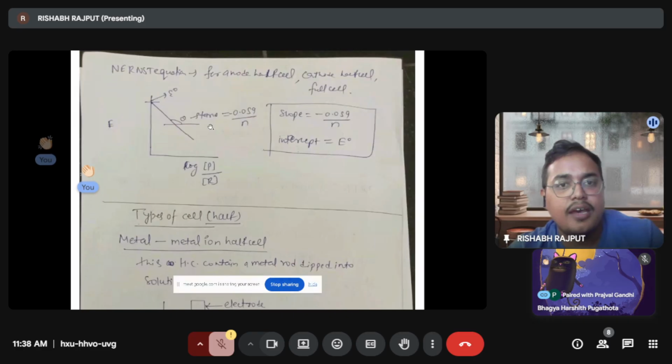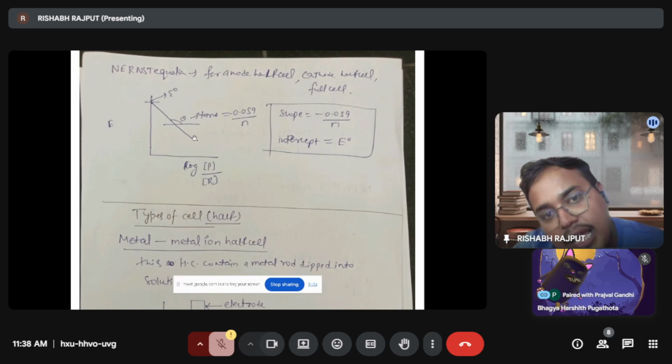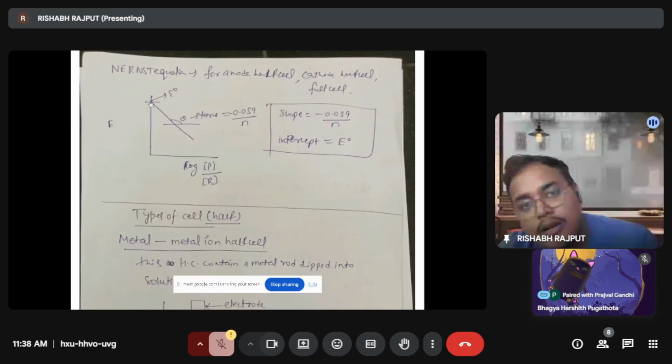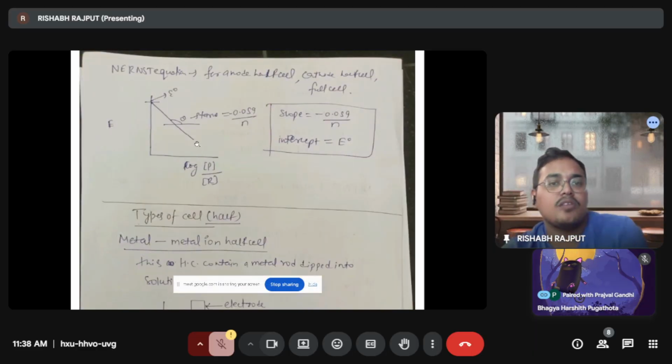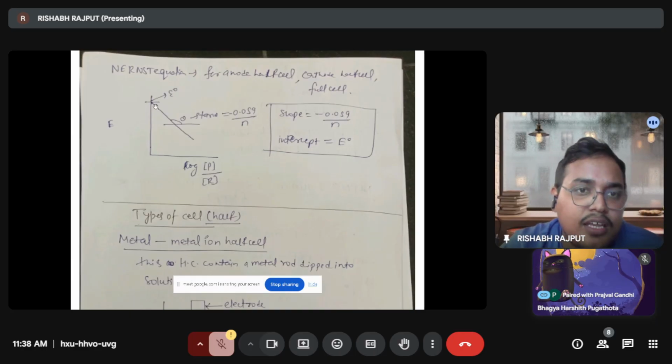You can see here this E naught. I am drawing it like this because your slope value is negative. You can see the minus sign here. That is why your straight line is coming from the upper to the lower direction, from upwards to down. This initial value is E naught, that is the intercept value.